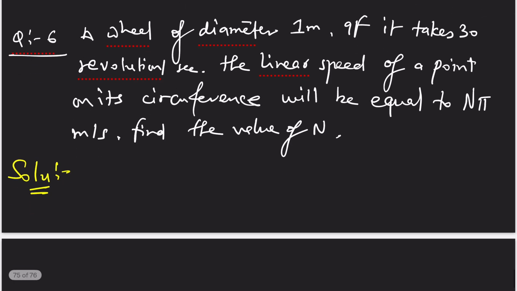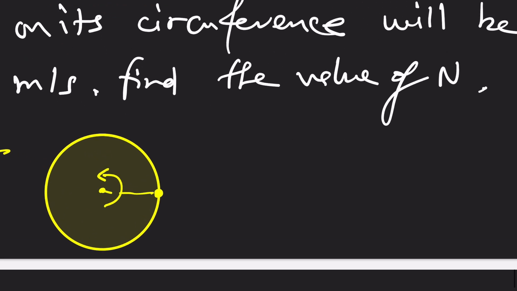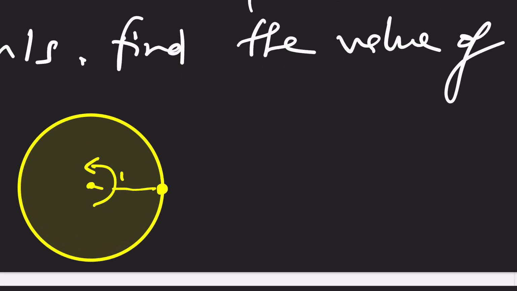Now let me solve it. Here, the particle which is moving, its angular velocity about the center is given, and the diameter is 1 meter. So the radius will be 0.5.